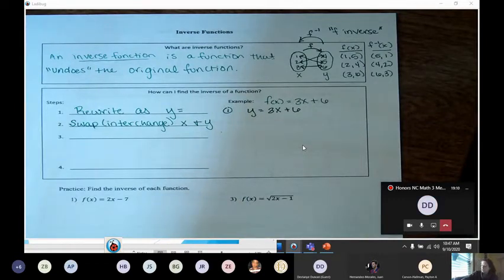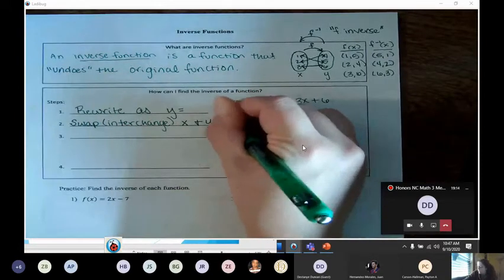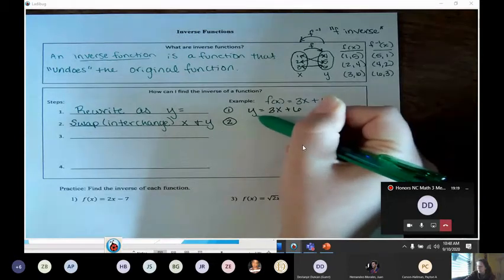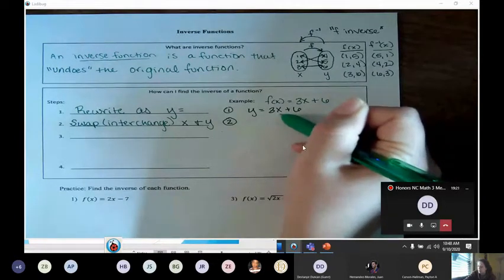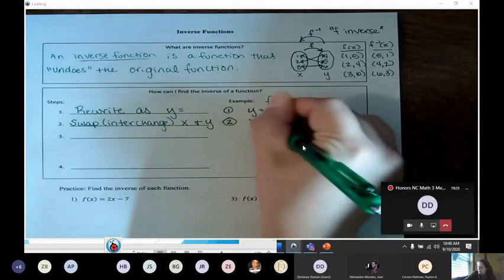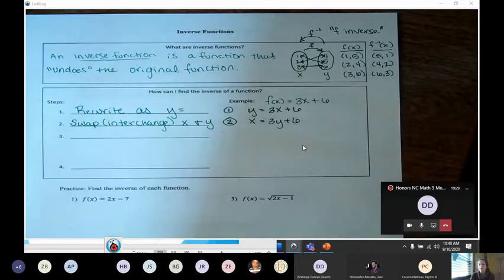So this looks like taking my x, putting it where the y was, and replacing that x with the y. I'm going to have x equals 3y plus 6. What questions do you guys have on that step?